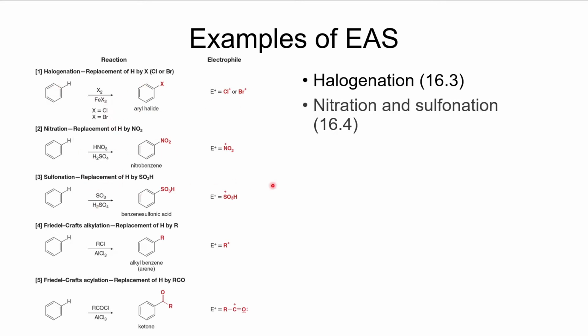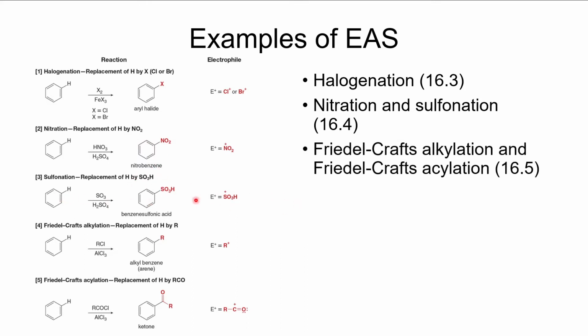Nitration and sulfonation, we group together because of the similar mechanism. Here we replace a hydrogen with a nitro group or a sulfonic acid group. And then we'll also look at Friedel-Crafts alkylation and acylation, and we group those together because of their similarities as well.